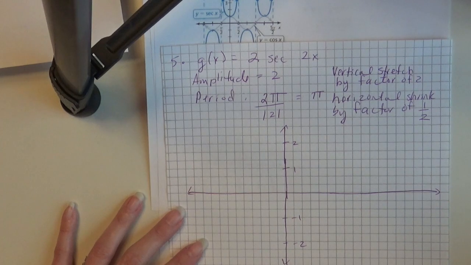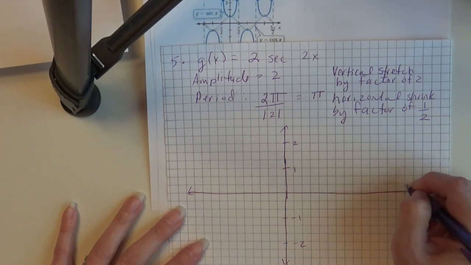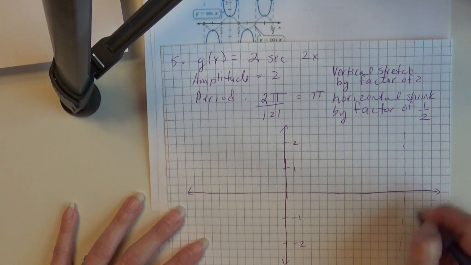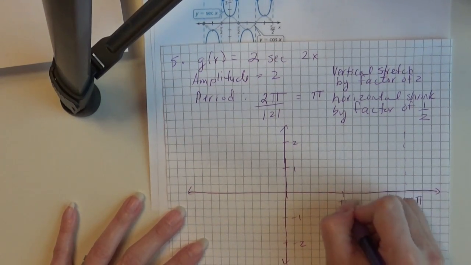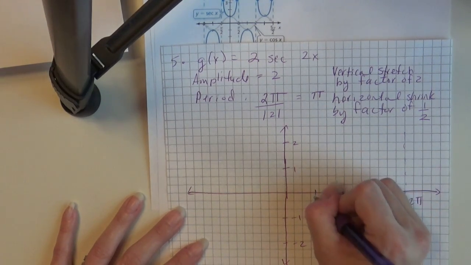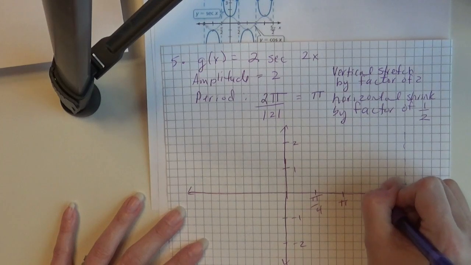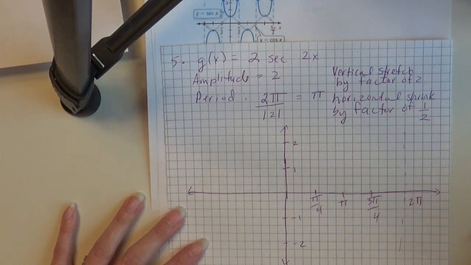And then the cosine function has period 2 pi. So we'll put 2 pi here. And then this is going to be pi. And then that's pi over 4, 3 pi over 4.